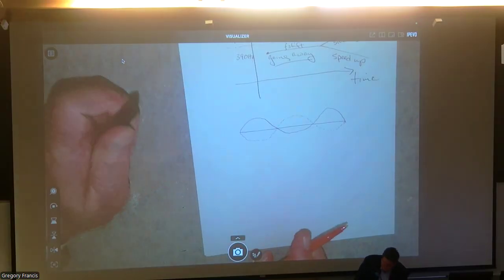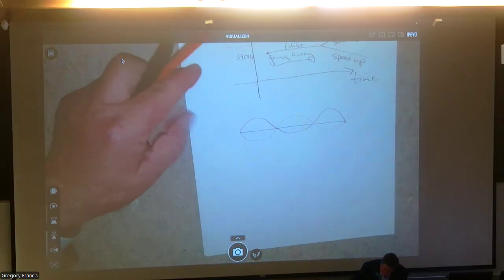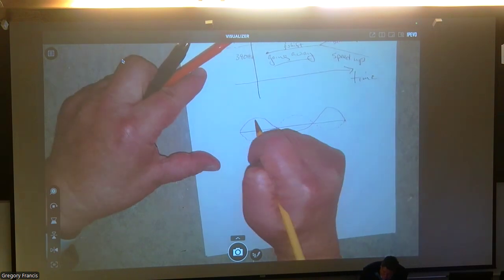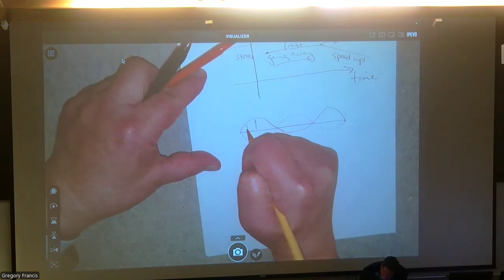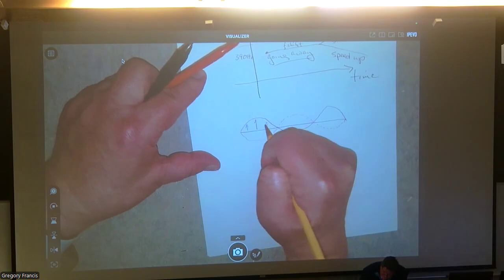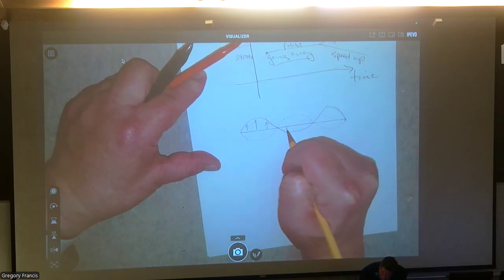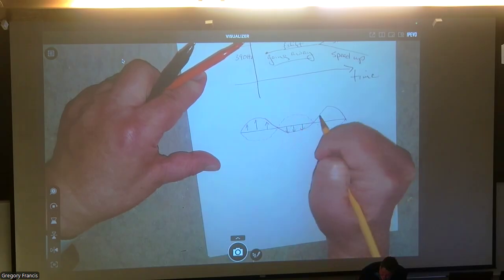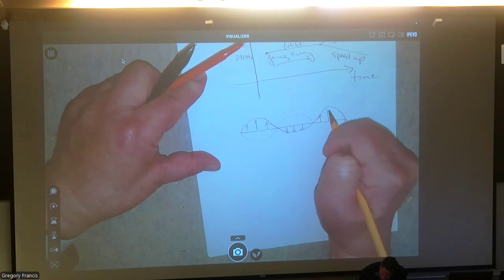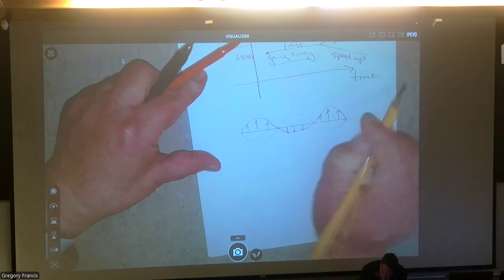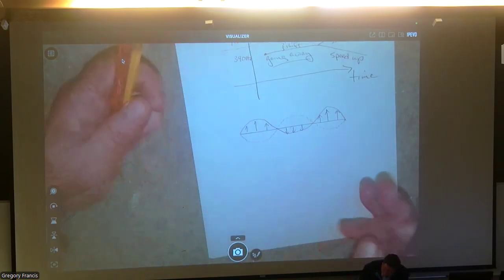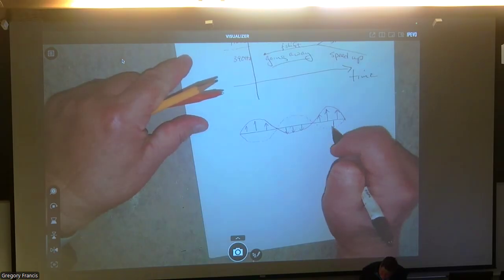And the individual parts of the string, these guys would be displaced from equilibrium this way, and these guys would be displaced this way, and these guys would be displaced this way, and then half a period later, reverse.